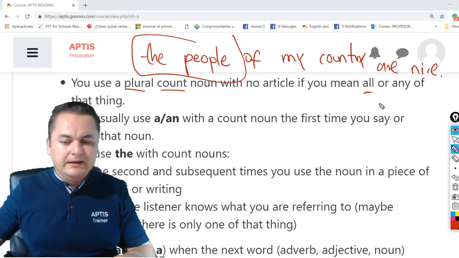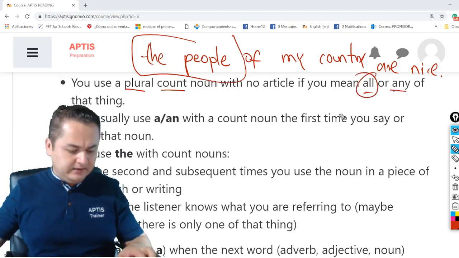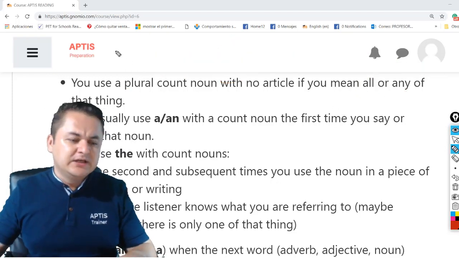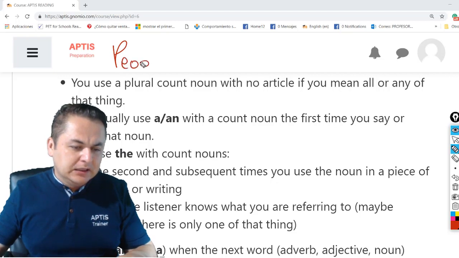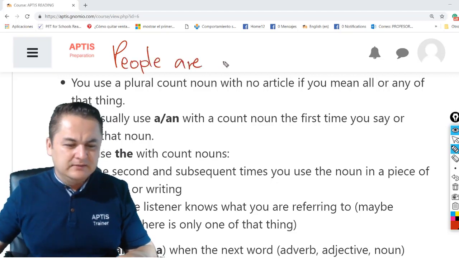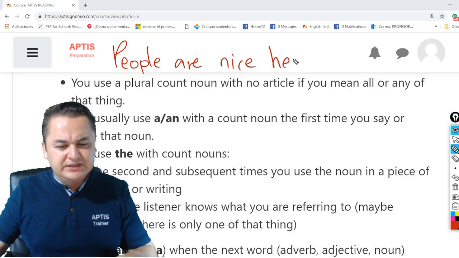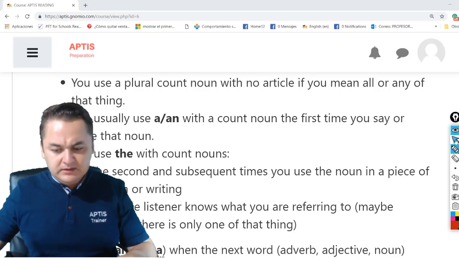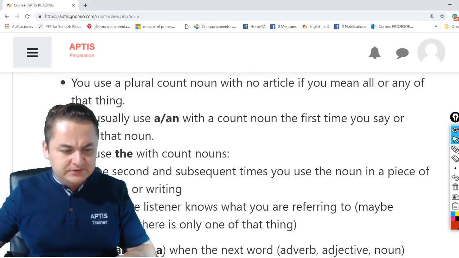So I mean everybody in the country. But then I usually say, for example, "people are nice here." So those are the two different forms.